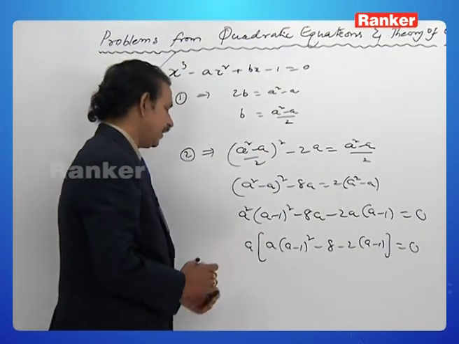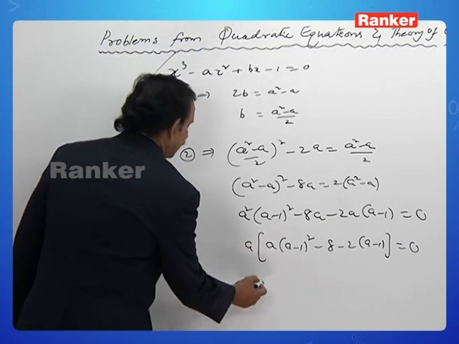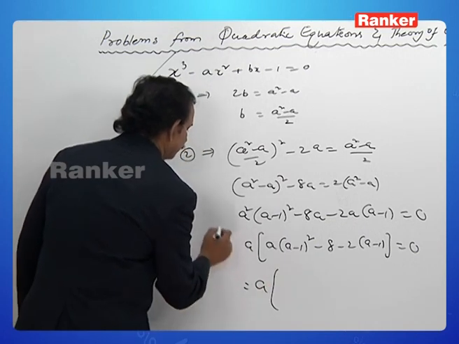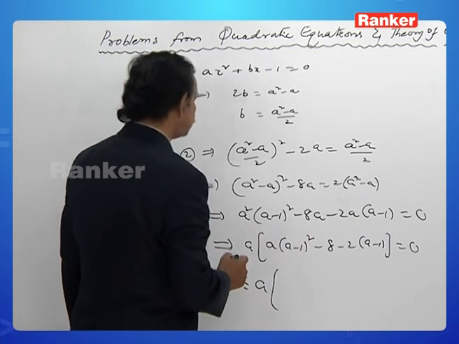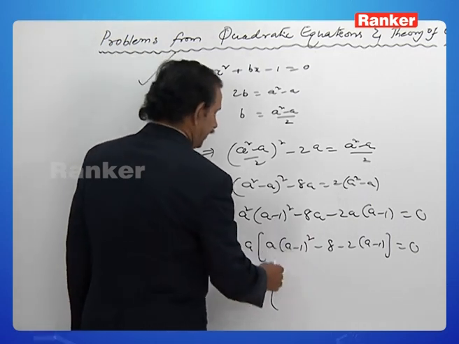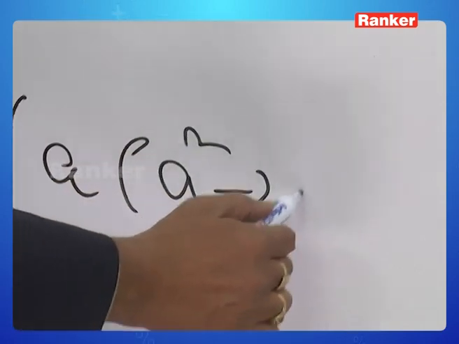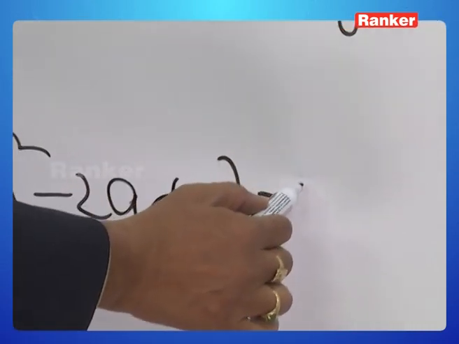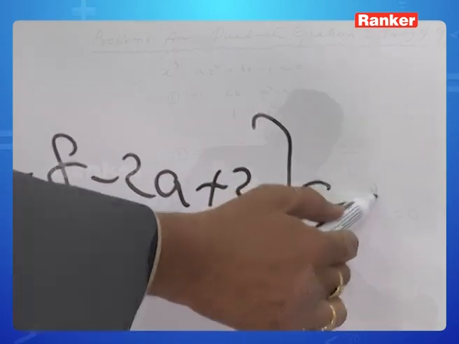I have got a out. Again, this is equal to a into a square minus 2a plus 1 minus 8 minus 2a plus 2 is equal to 0.